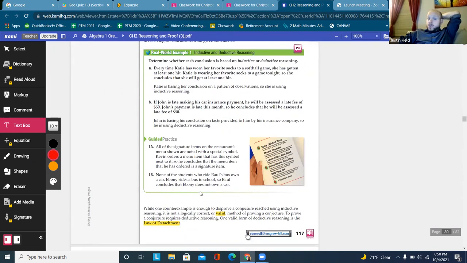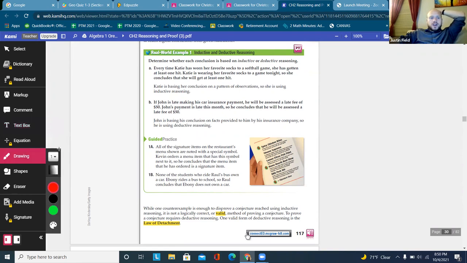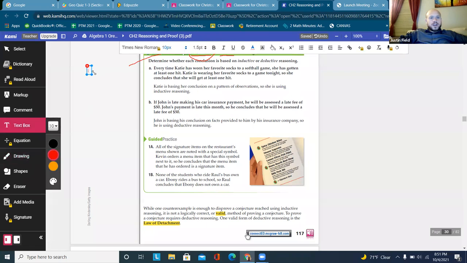And so we're going to do real world example number 1. So this is about differentiating between inductive reasoning and deductive reasoning. So inductive reasoning, the thing that we're going to use to distinguish that is something that follows a pattern used to draw conclusions.